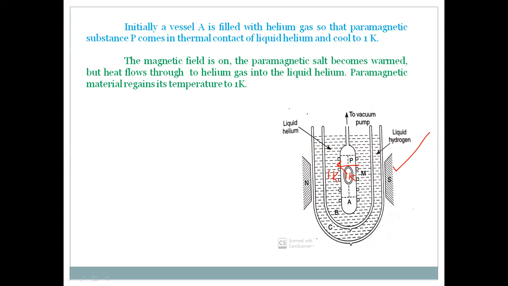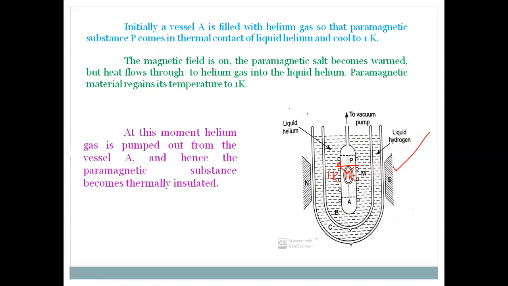It slightly increases. But we know it is filled with helium gas. So again, the temperature of this substance reaches 1 Kelvin because liquid helium is filled in this Dewar flask B. So it is already in the magnetic field, and its temperature is now 1 Kelvin.